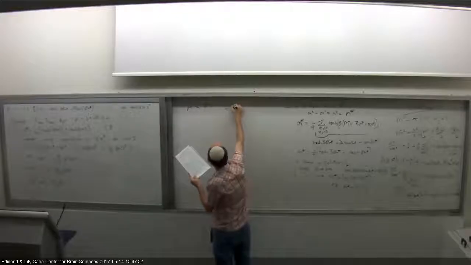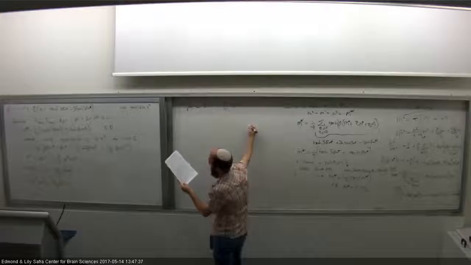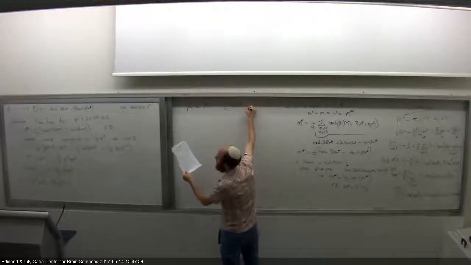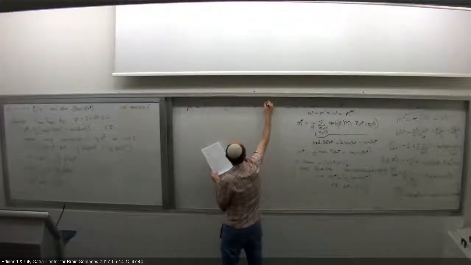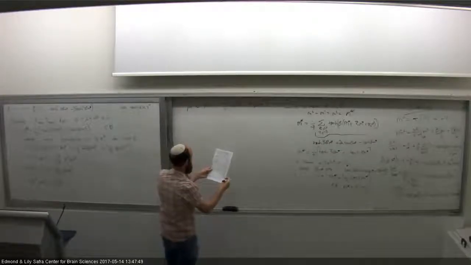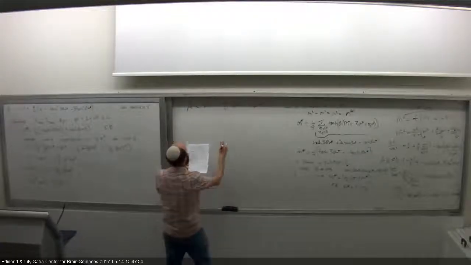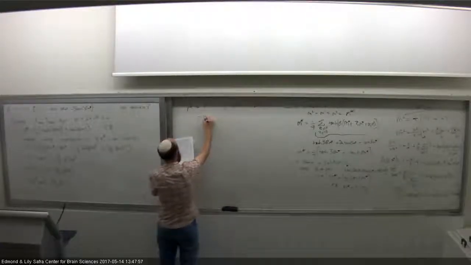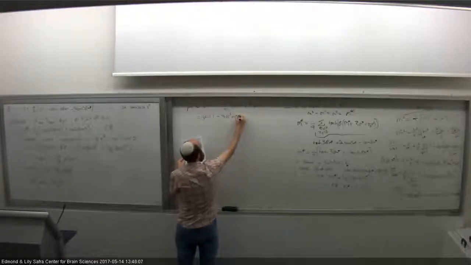The first one gives us 9 beta squared m squared, and the next one gives us 3 beta squared m squared. All in all, 9 plus 3 is 12, divided by 4 is 3. So we get A equals beta minus 1 minus 3 beta cubed m squared.